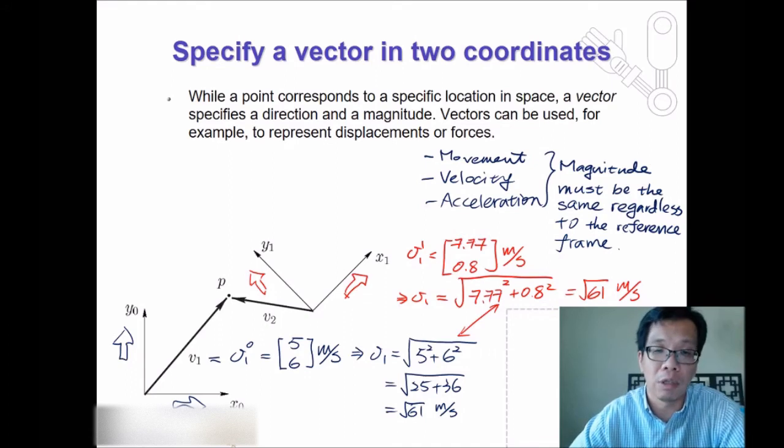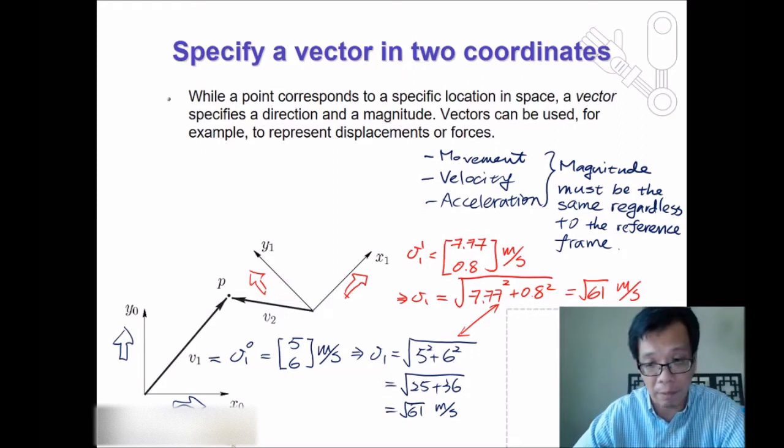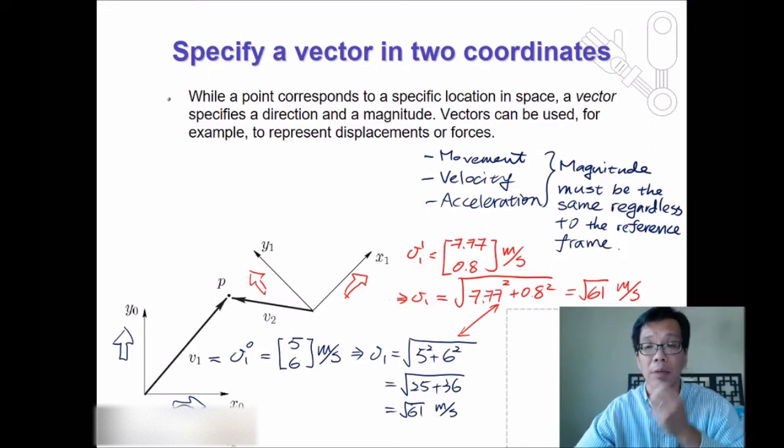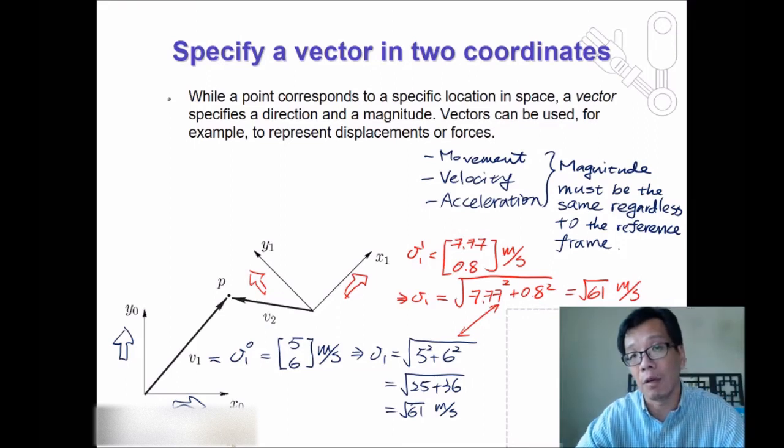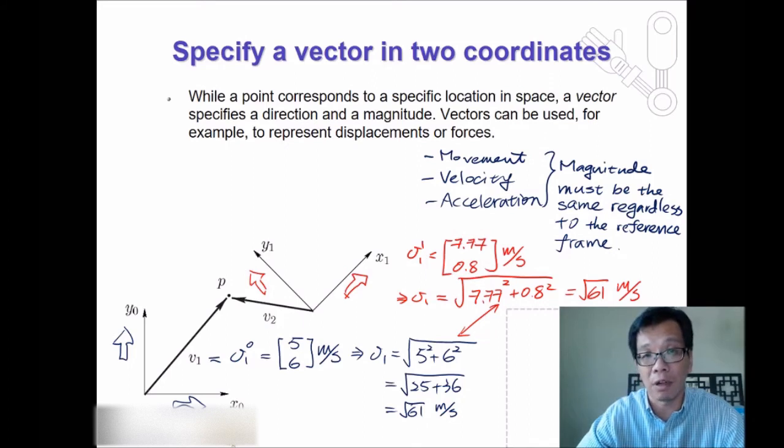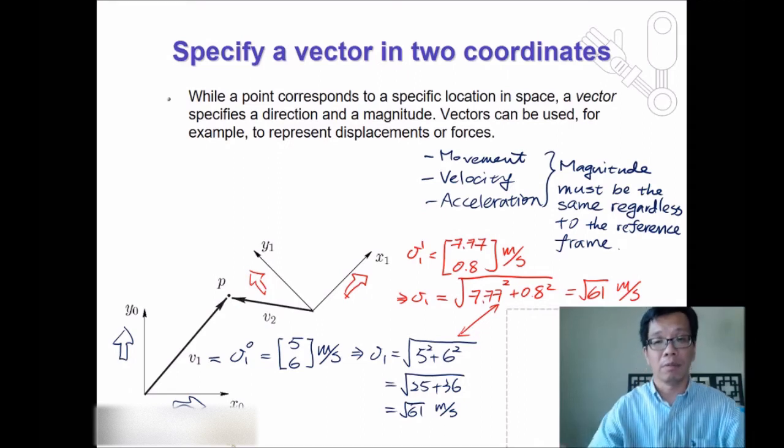So when you are dealing with velocity, movement, acceleration, as long as they are not vector related, the magnitude must be the same. That is something you need to keep in mind all the time. You cannot say, okay, I have my velocity in one frame, it's going to be different velocity in another frame. It's not physically correct because you might have different velocity along the individual axis, but the magnitude must be identical.